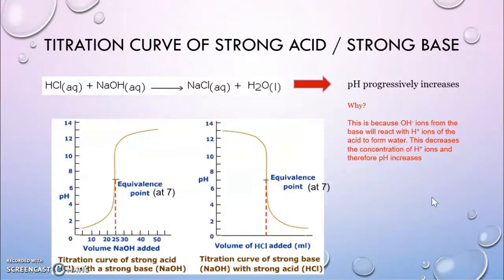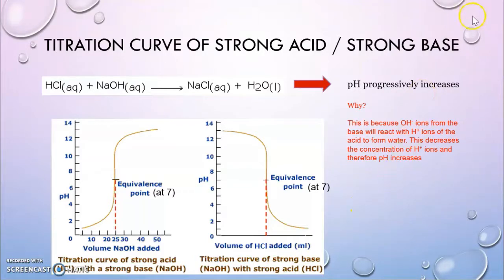In general, there are a few different types of titration experiment that could be carried out. The first is between a strong acid and a strong base.